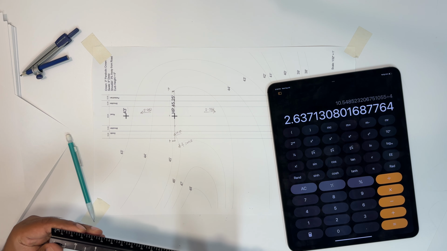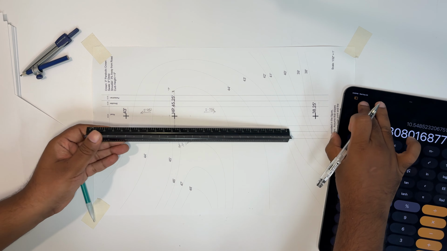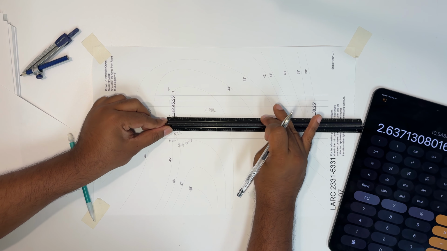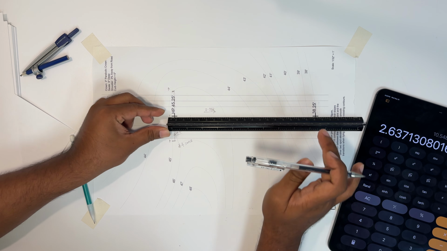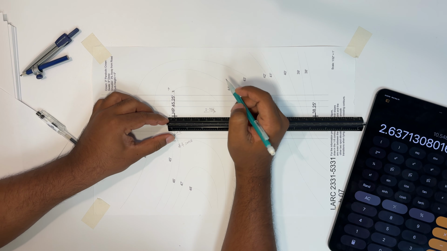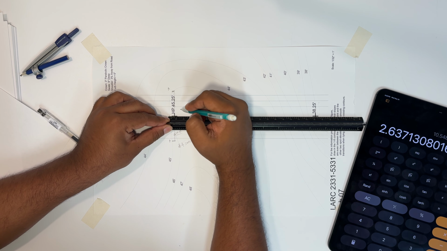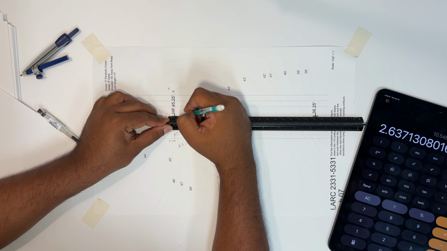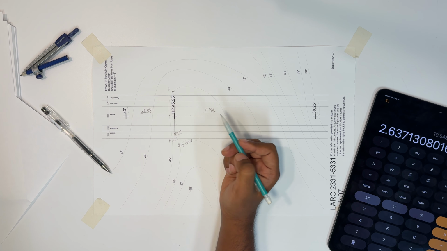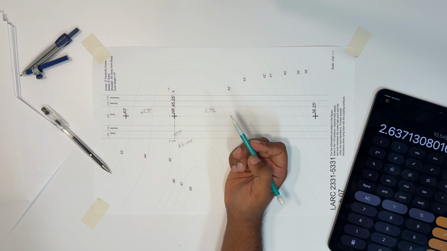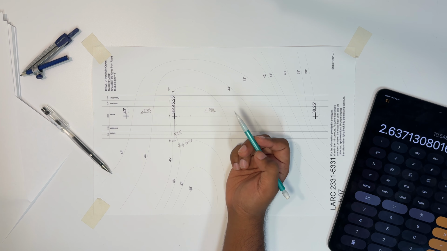So 2.63. 1, 2, a little over 2.5. So that should be good. So that's for the 45 feet elevation point on top of the crowns.